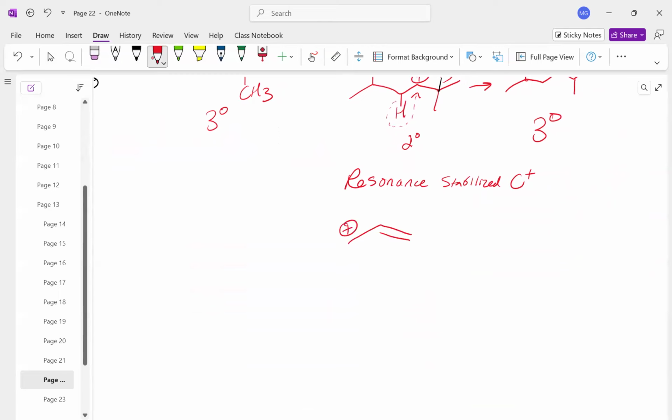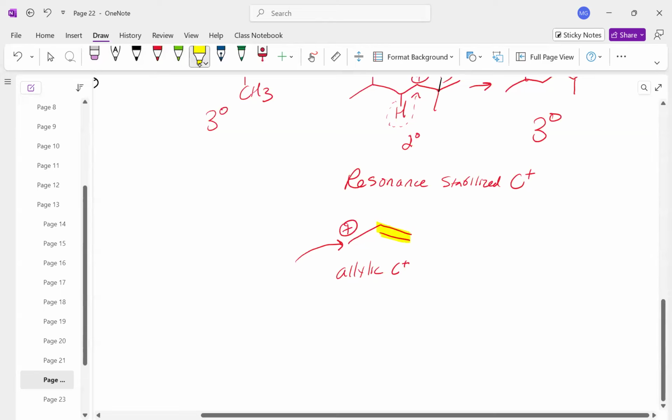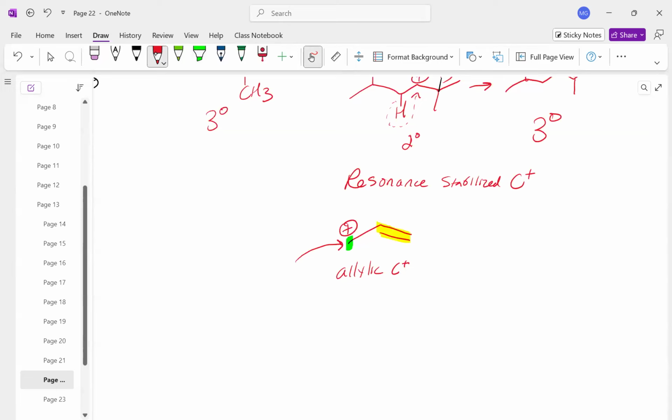So for example, something we call an allylic carbocation. Now, first of all, let me define what allylic means. Allylic is the first position right outside a double bond. So here's our pi bond. The first carbon over is called an allylic carbon. So if there is a plus charge on that allylic carbon, we call it an allylic carbocation.